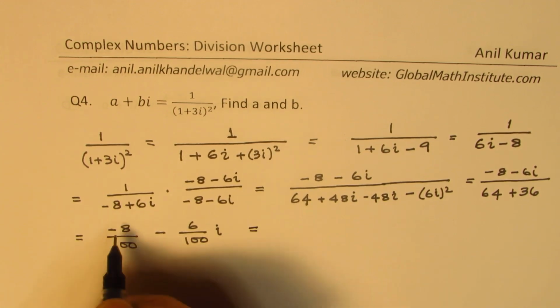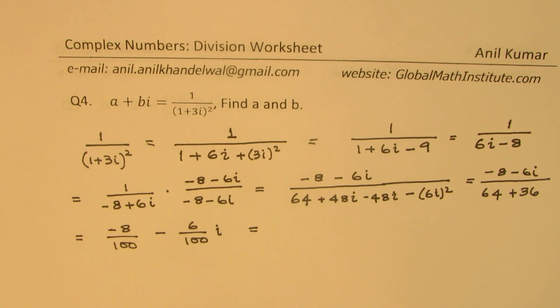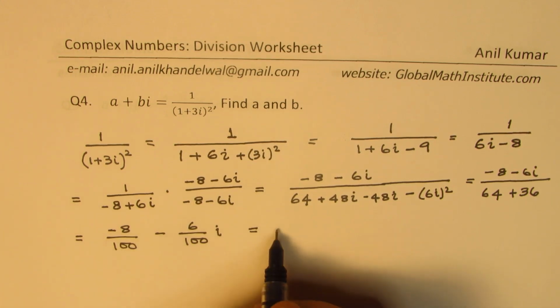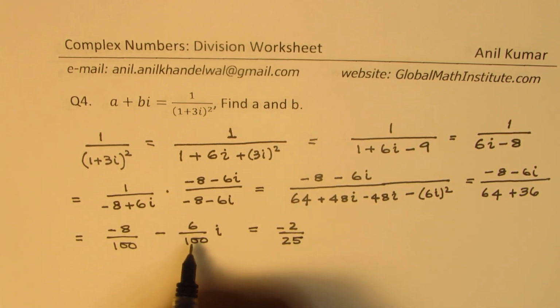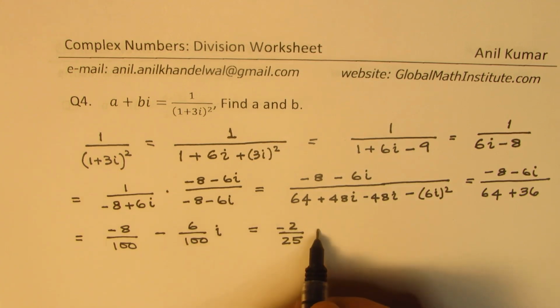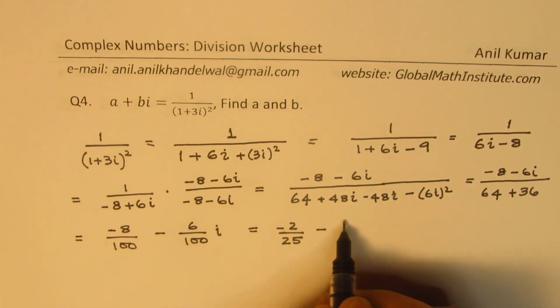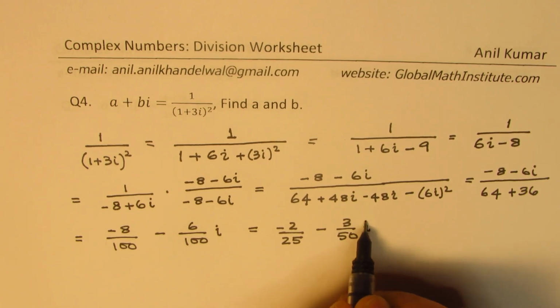You could simplify this. So you can divide this by 4, so you get minus 2 over 25, and dividing this by 2, you get minus 3 over 50 i.